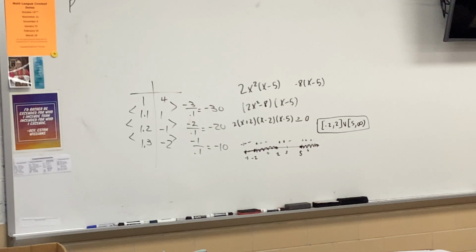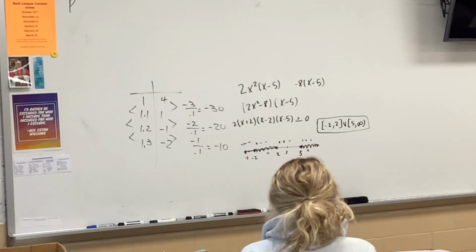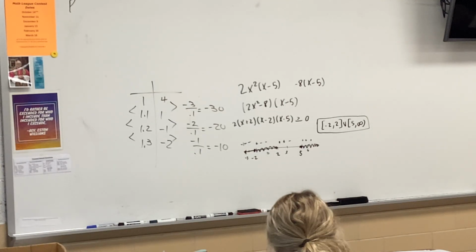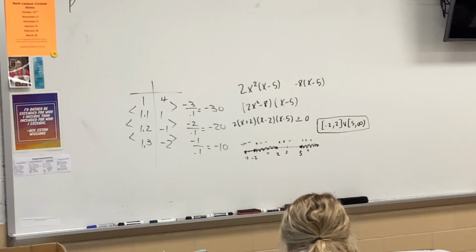All right, guys, 2 more problems. Here we go. The number of cars in a parking lot can be modeled by this function. Based on this model, at what time does the number of cars in the parking lot change from increasing? Think about that now. The number of cars in the parking lot is increasing, and then it changes to decreasing.